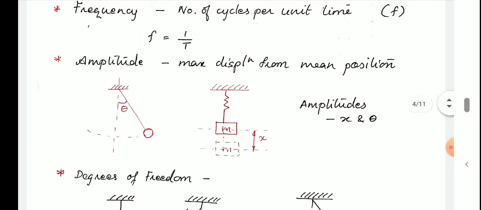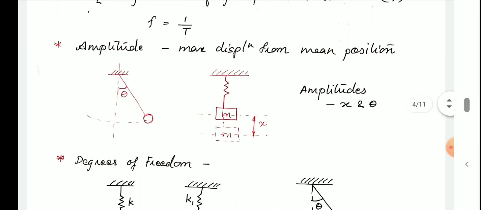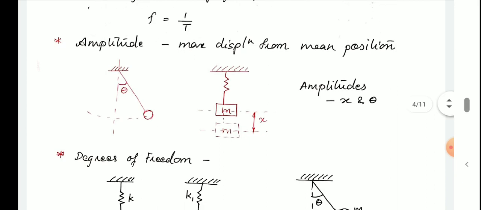To understand amplitude in a better mathematical way, consider a simple pendulum hanging from a roof. The maximum angular displacement which it can cover in one cycle, or the maximum datum which it can surpass, is known as theta, the angular displacement. It is also the amplitude of that swinging pendulum.